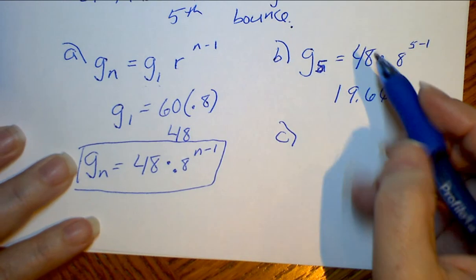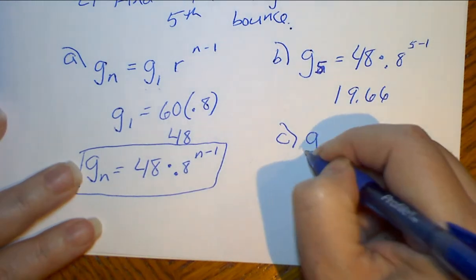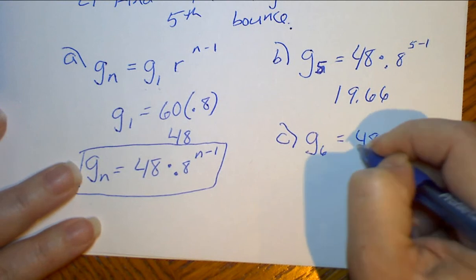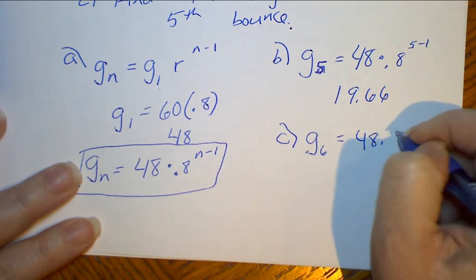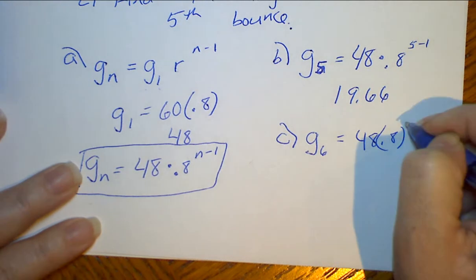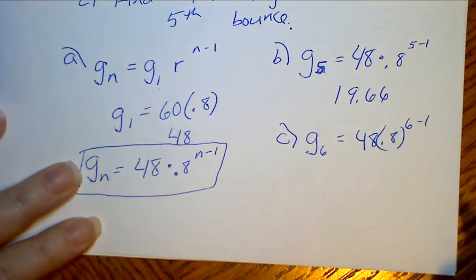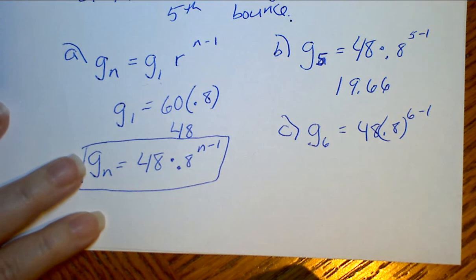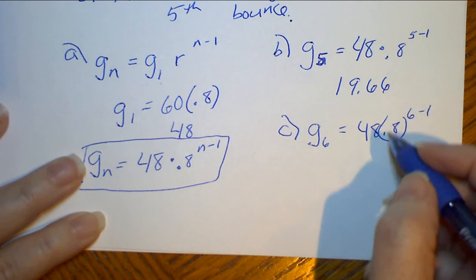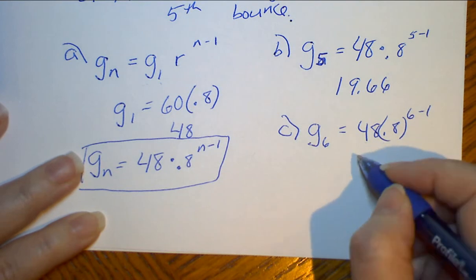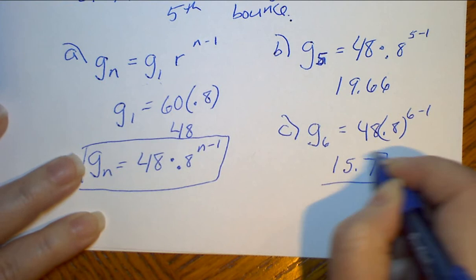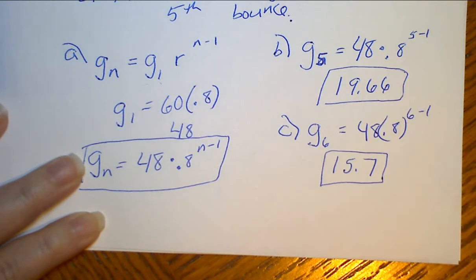So g sub 6 is equal to 48 times 0.8 raised to the 6 minus 1. Plug that into your calculator and you get 15.7. Very good.